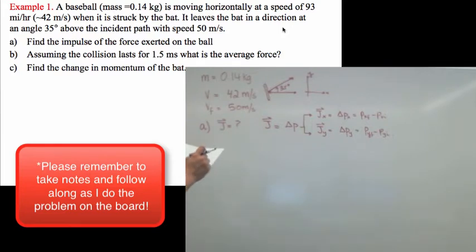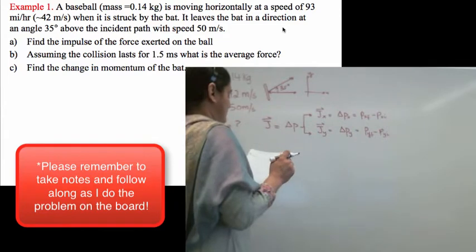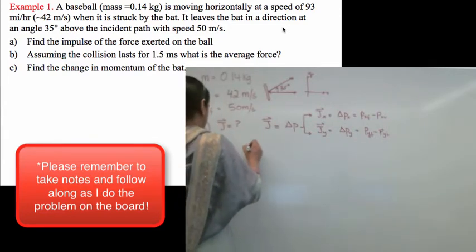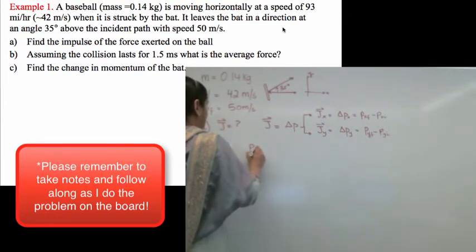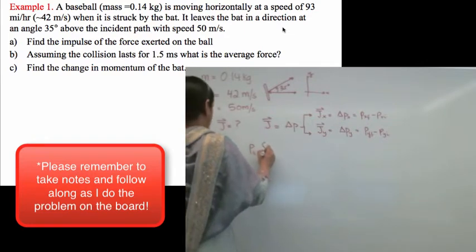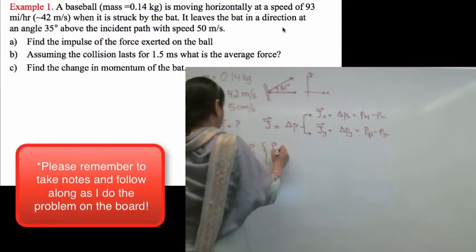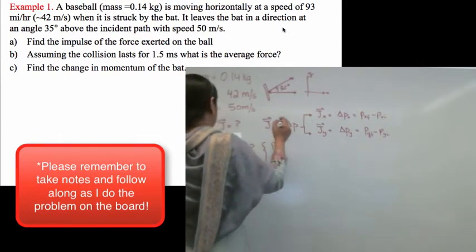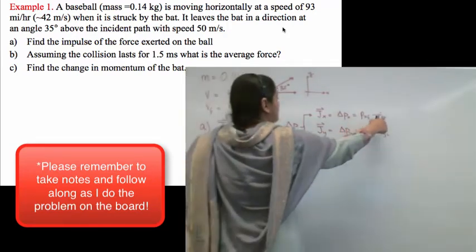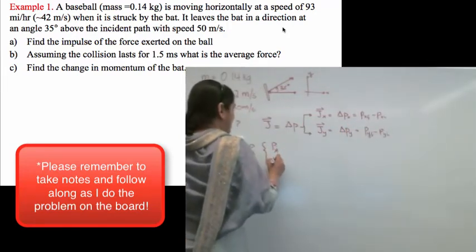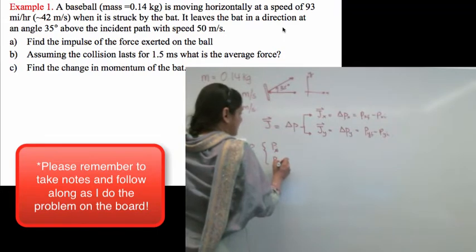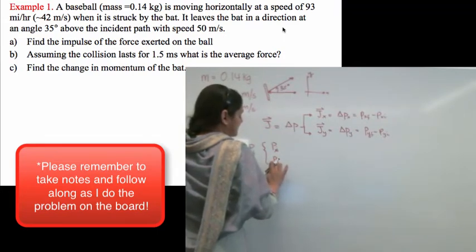So first case first, we have to find the initial momenta for both of these cases. So let me just find the initial p for both of these cases. So I will have p initial x and p initial y.